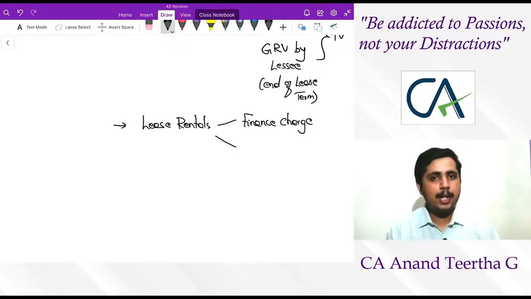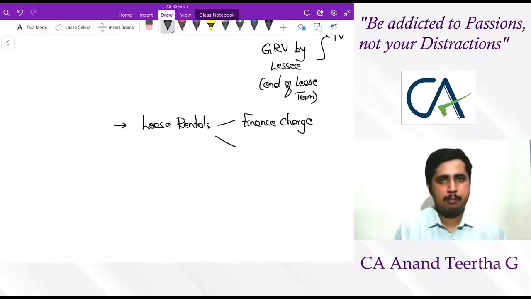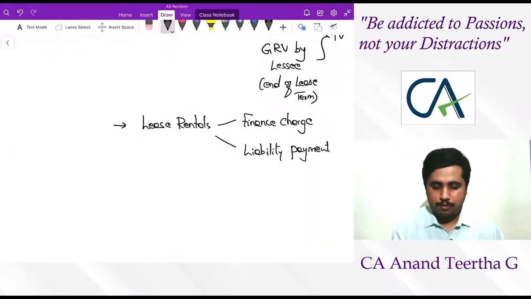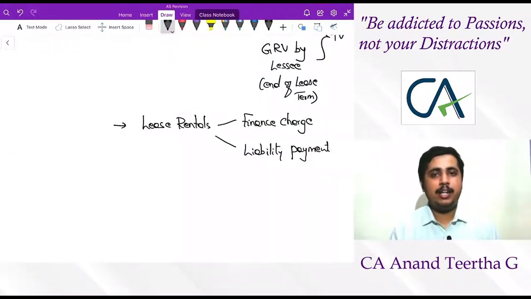But if you make a delayed payment, it's also extra payment for delayed payments. That is finance charge. That is the expense to the lessee. Other part is for the asset, which is liability payment. Because asset payment basically is lease account. Connected liability will also be created, that is supposed to get paid. So therefore, finance charge and liability payment are the coverage of the lease rental.